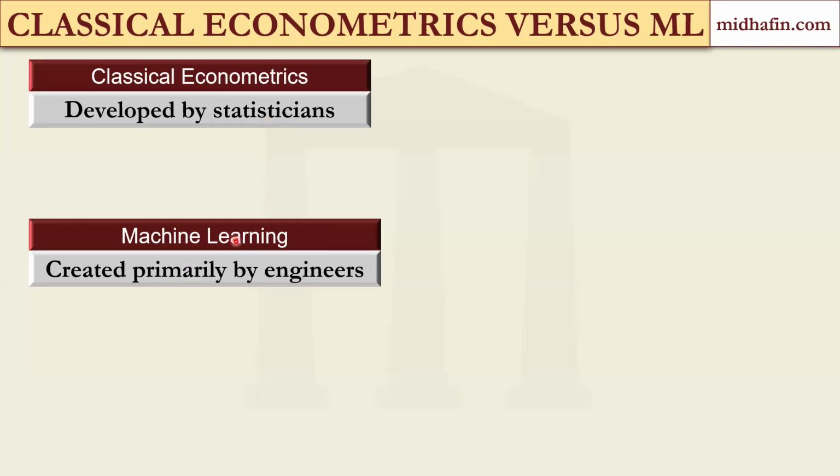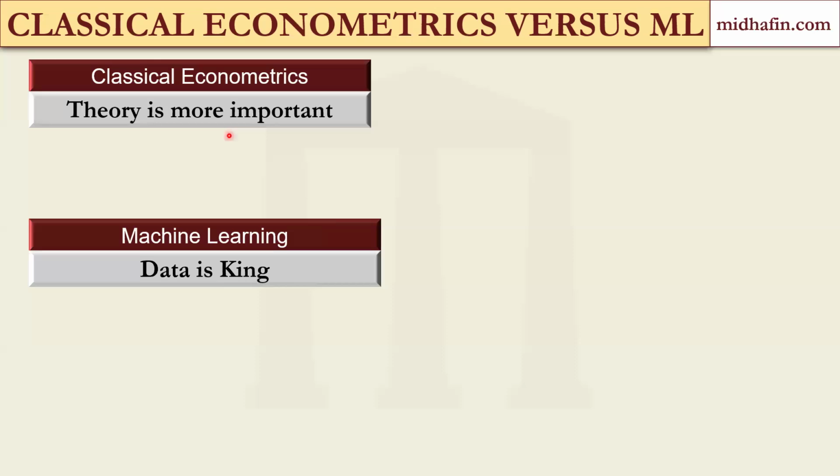Machine learning has been created primarily by engineers and computer scientists, and it has been driven by the goal of building systems that can predict and classify well and without strict assumptions. So the focus is on algorithms that learn from the data and then do their job.